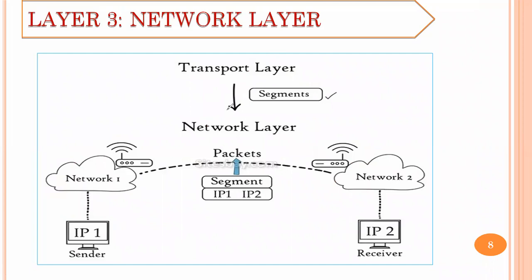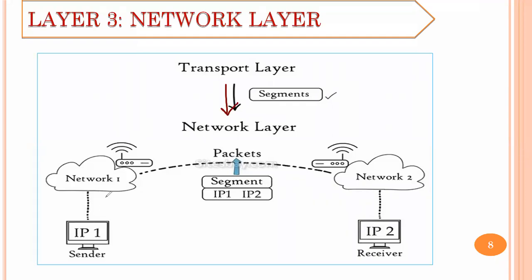The data comes from the transport layer in segments, you can say packets. See, there are a number of segmentations. First of all, the data is transmitted in segments from the transport layer, and then the same segment will be partitioned into frames.